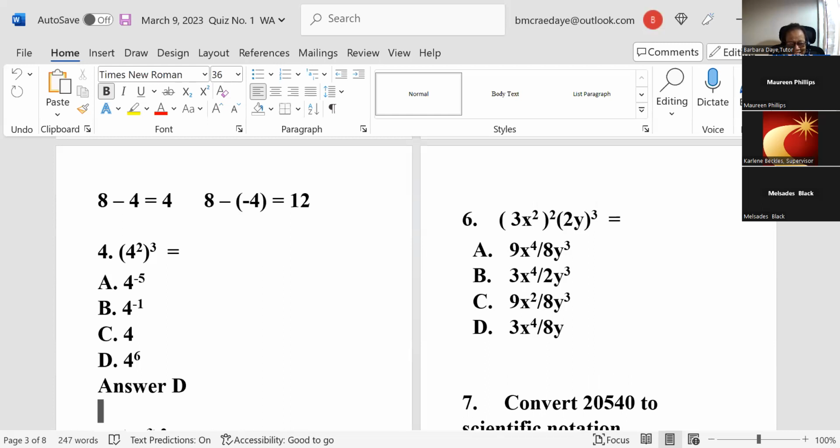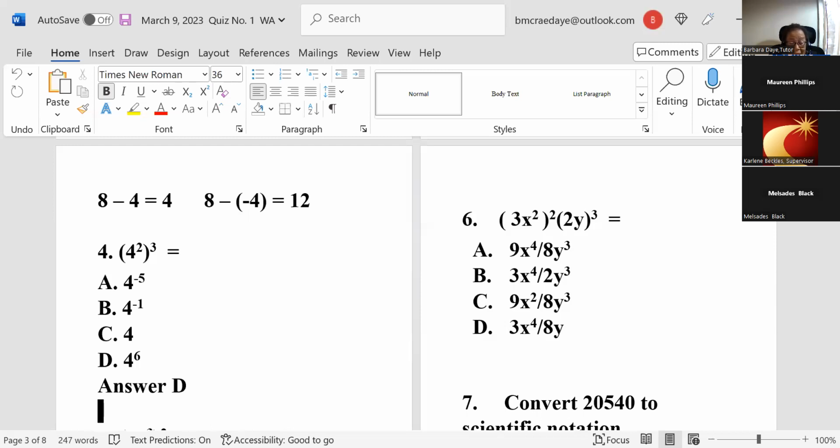Okay, you have your rules, look at them. What does it say for power of a power? For a power to a power, you multiply the powers. That's right. You multiply the powers. So it's 2 times 3, 6. That's right. The answer is D.